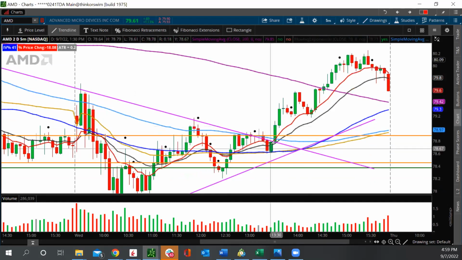So what I was looking for, because I don't take breakouts: I saw this candle and I'm like, beautiful, this trend line is broken. I was looking for this line right here, which was the pre-market high. Once it got broken, I threw in an entry right here at 78.88. I just went right for that level, stopped down here.